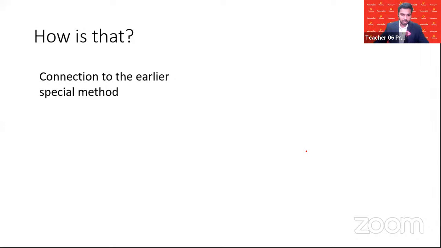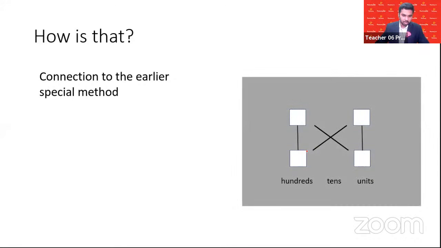So how is all this vertically and crosswise working? Is it more like a magic, or is there some science behind that, or is there some explanation that you can give? Now here is the explanation. So there is a connection that we can form. So let us take this particular picture to understand that. So the method that we were applying, in fact, was vertically and crosswise.